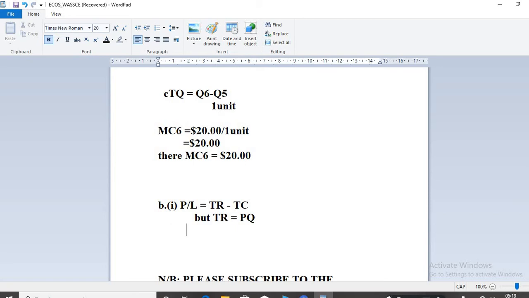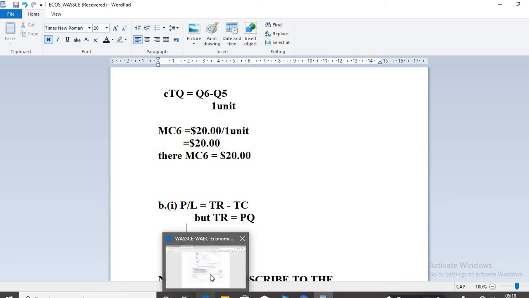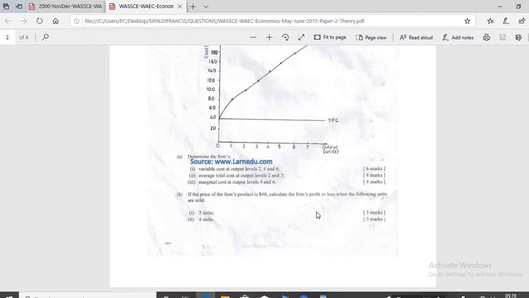And the total cost, we already know the total cost formula, so there is no need for us to write it. The question says that we should find the profit or loss when 2 units of the product are sold.